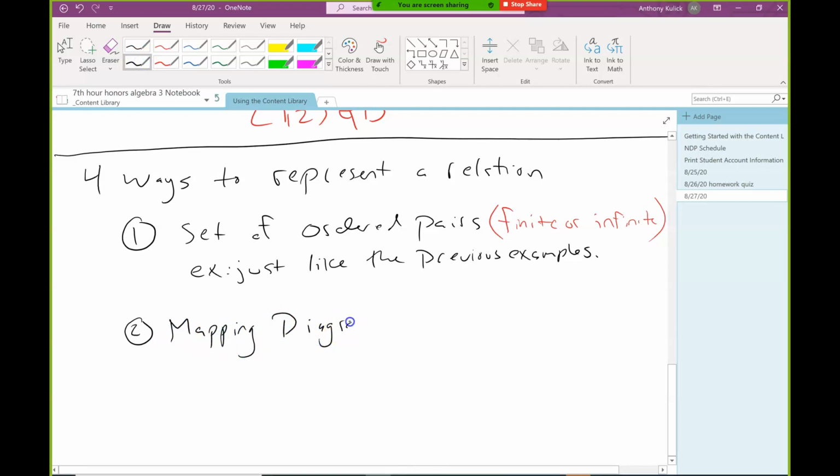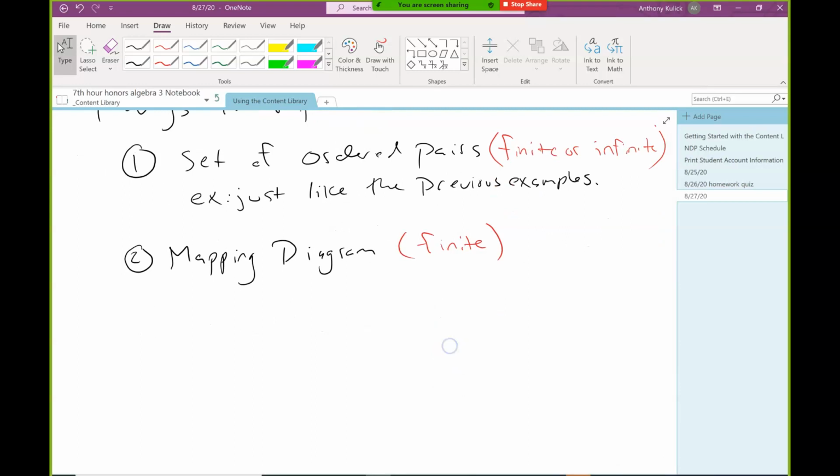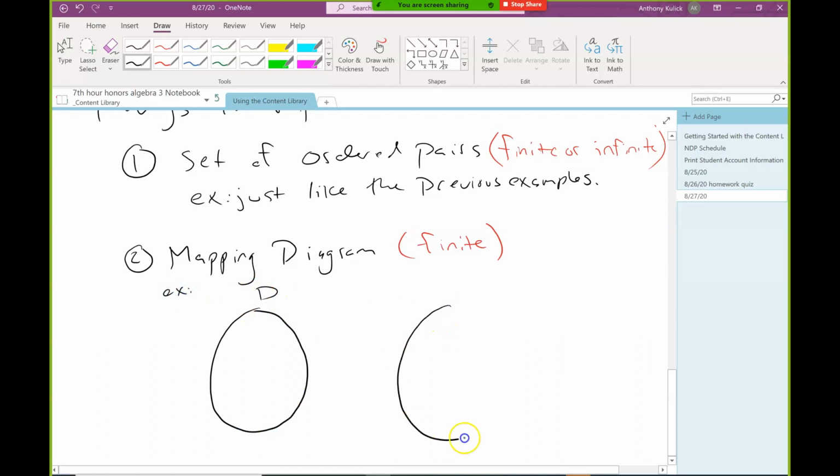The next way to represent a relation is with something called a mapping diagram. And really, because of the nature of the mapping diagram, this is good for finite relations only. With a mapping diagram, we're going to draw 2 ovals, one for the domain and one for the range.